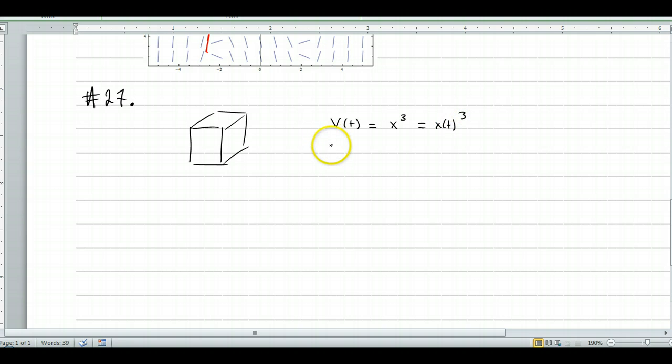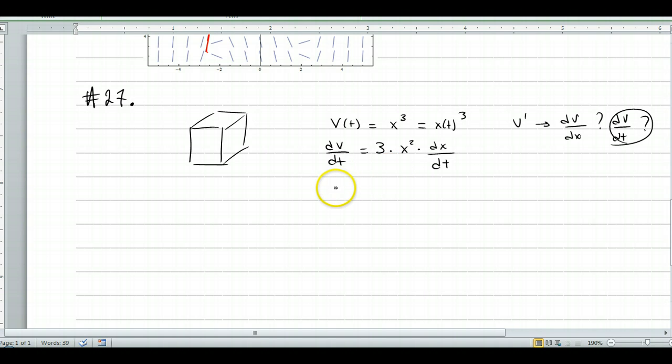Okay, so I don't want to write V prime, because what is this? Is this dv dx or dv dt? Well, I'm talking about dv dt, okay? So I'm going to write dv dt. I'm going to use this notation. dv dt is 3x squared times dx dt, right? This is a related rate problem, okay?